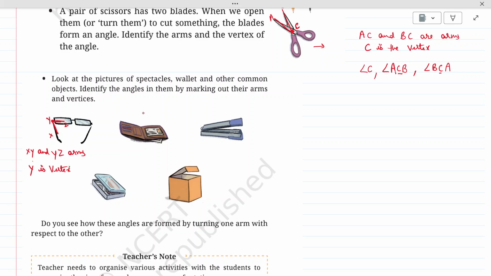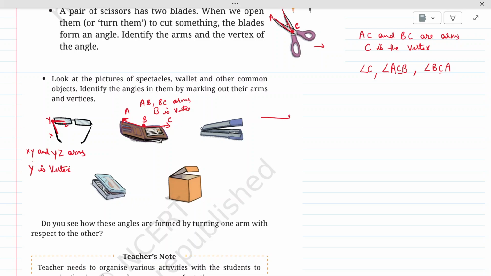Next, in this wallet, this is our angle. So this is the point. These are the arms. A, B, C. So here AB and BC are arms, and B is the vertex.